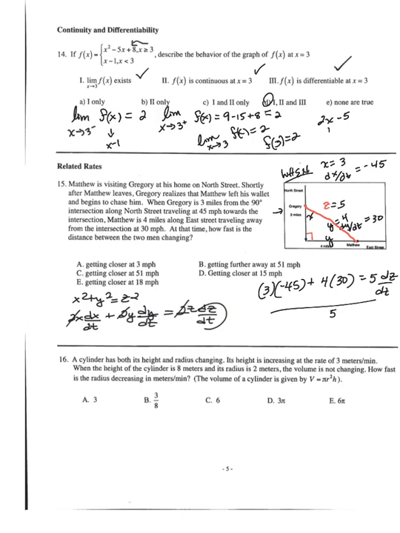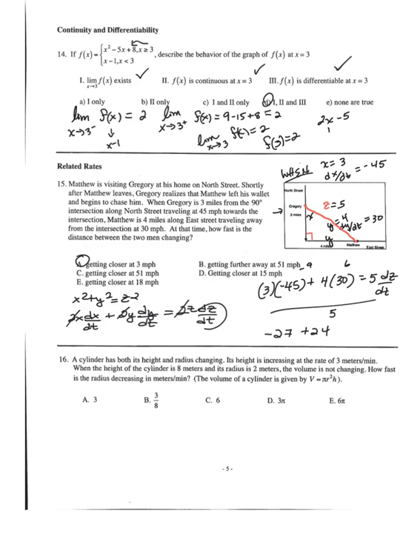So the 5 could just make this negative 9, right? And make this 6. So I'm just going to go 3 times negative 9, 4 times 6. All right, so I get negative 3, which means they're getting closer. So at 3 miles per hour.